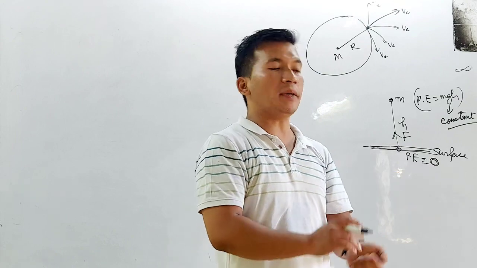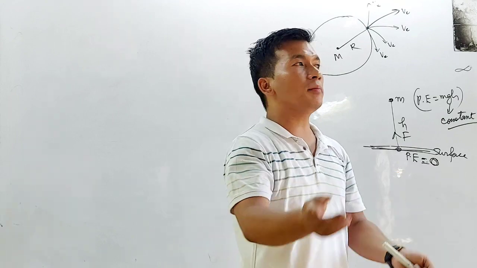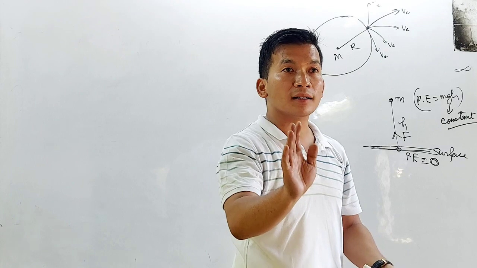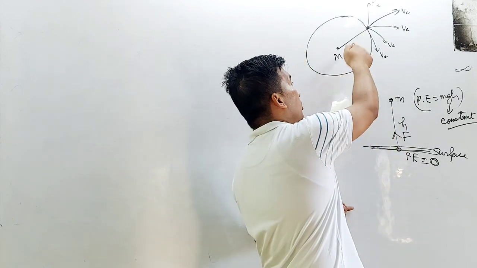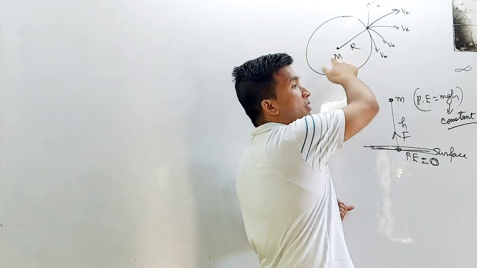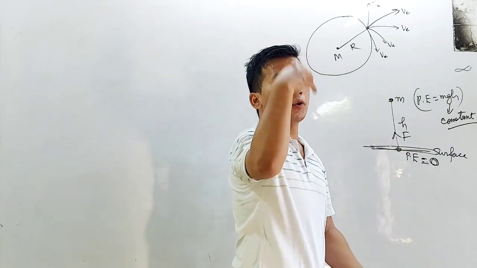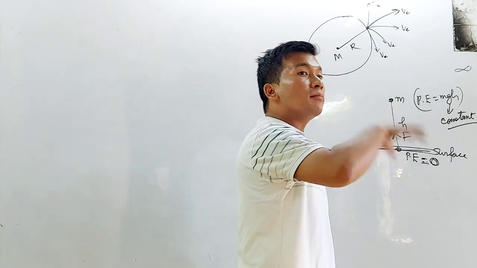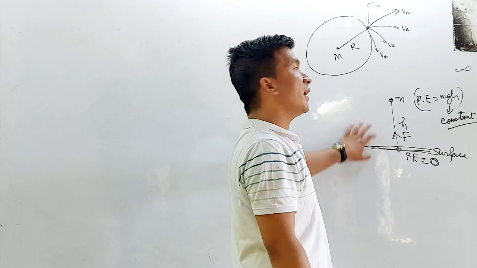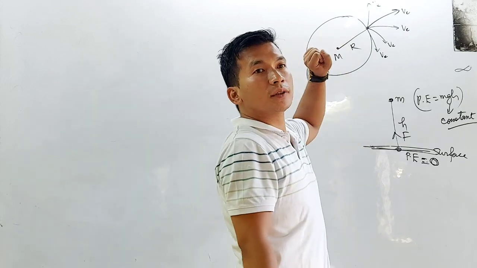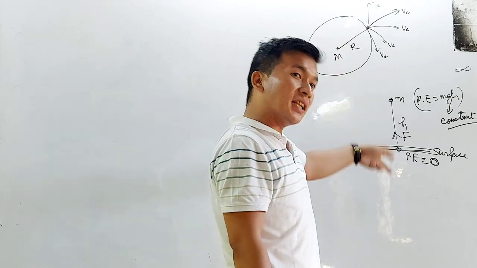It may be done by a human being or by a machine. But here, the potential energy related to this gravitation chapter is not done by a human being or a machine. It is done by the earth itself. Understood? That is the basic difference.